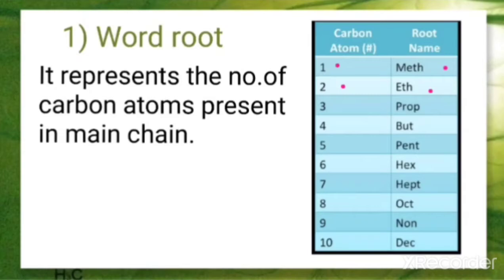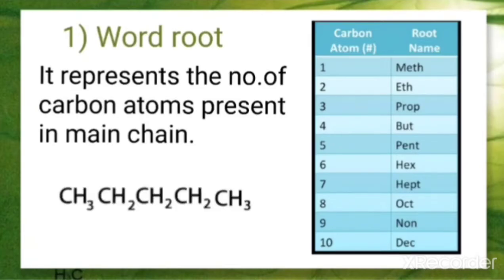If it is 2, eth; for 3, prop; for 4, but; 5, pent; 6, hex; 7, hept; 8, oct; 9, non; 10, dec. These names you have to learn in order to write an IUPAC name for any organic compound. So the word root represents the number of carbon atoms present in the main chain. Let us take one example here.